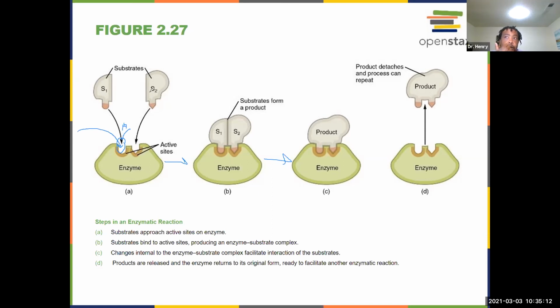Substrate 2 is able to bind, but there's no substrate A, so you don't get any of this produced, right? So this guy would be called a competitive inhibitor, because it inhibits this process by competing with one of the substrates. You guys get that? Okay.